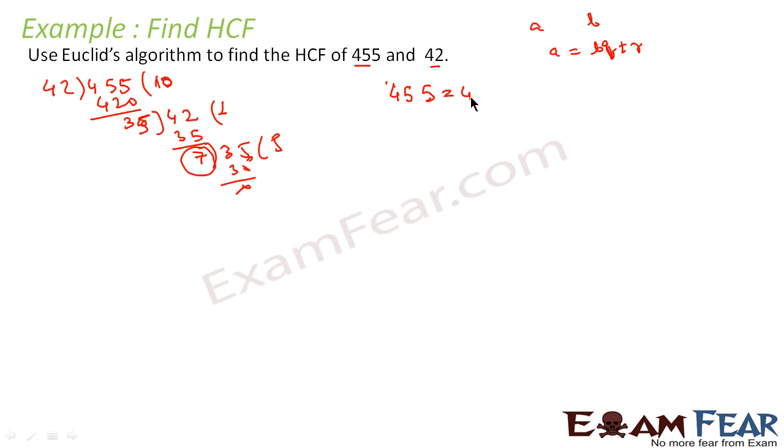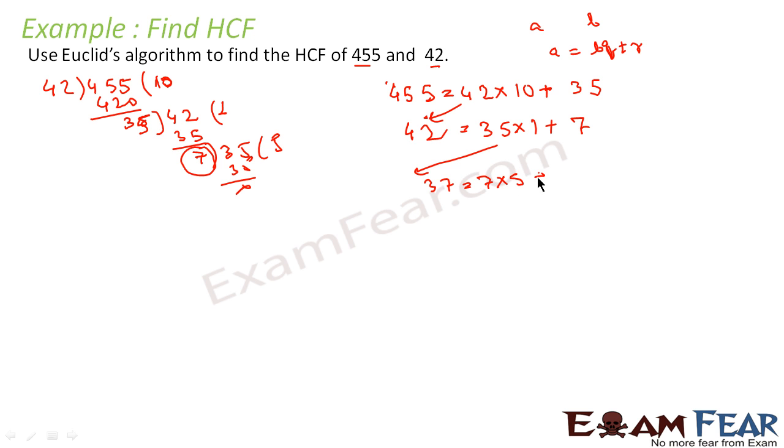We can write 455 is 42 into 10 plus remainder 35. Next, 42 is 35 into 1 plus R, and R is 7. Now 35 is equal to 7 into 5 plus R, that is 0. So we got R equal to 0, so HCF is equal to 7.